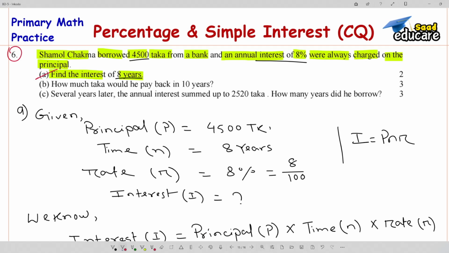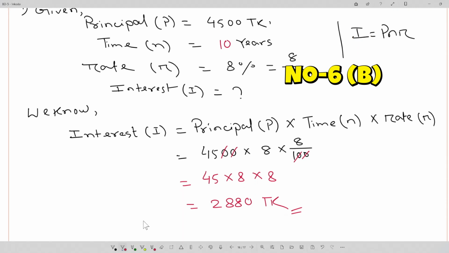Okay, so number B. How much taka would he pay back 10 years later? So it is almost a similar thing. Here time should be 10, right? So not 8, here it is 10. Rate is the same, it means 8% or 8 by 100. Now the calculation will be almost the same.